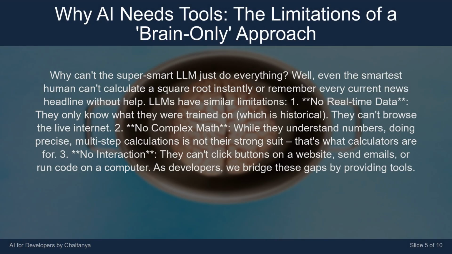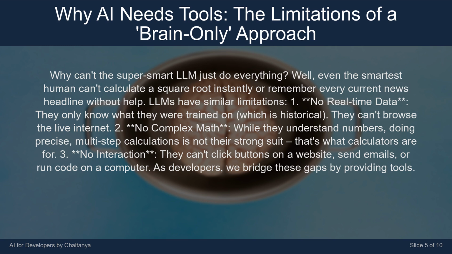Why can't the super smart LLM just do everything? Well, even the smartest human can't calculate a square root instantly or remember every current news headline without help. LLMs have similar limitations. 1. No real-time data. They only know what they were trained on, which is historical. They can't browse the live internet. 2.